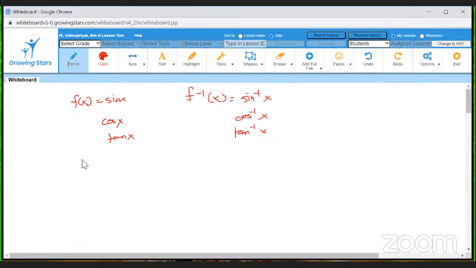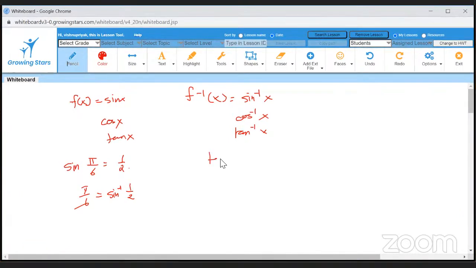But what do you mean by this inverse? Suppose I write sine pi by 6 equal to 1 by 2. Then I can write sine inverse 1 by 2 will be equal to pi by 6. This is the inverse. You know, tan pi by 4 is 1. So tan inverse 1 will be pi by 4.